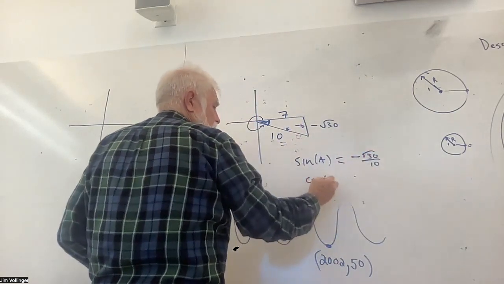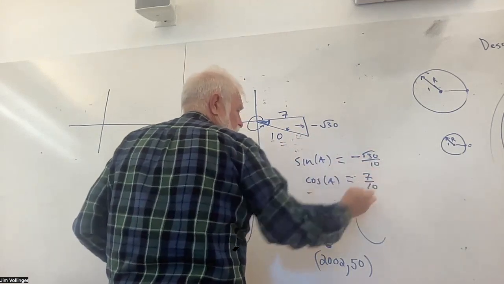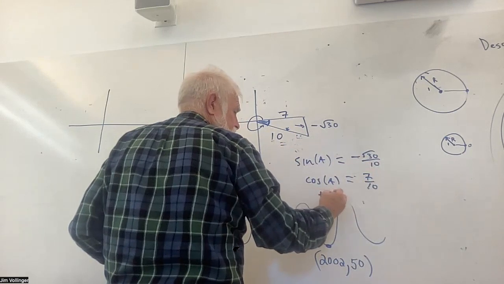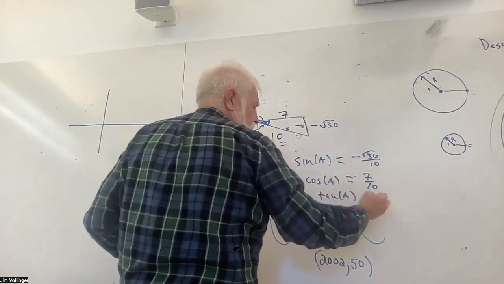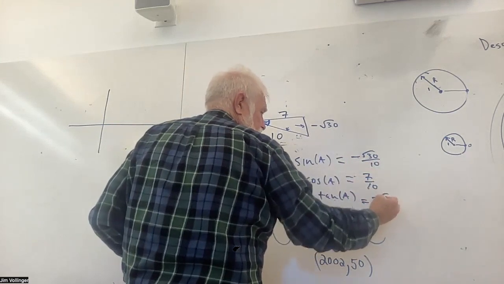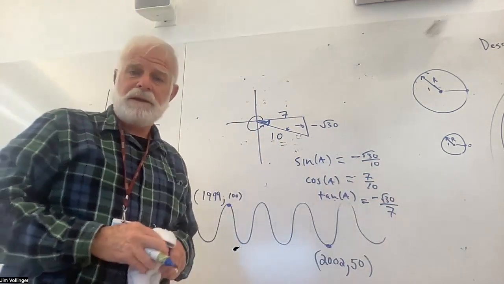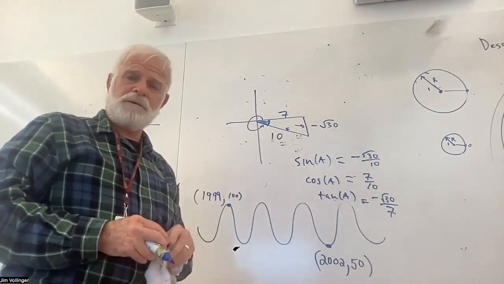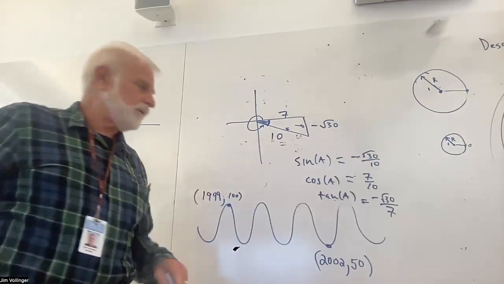What's the cosine of angle A? 7 over 10. What's the tangent of angle A? Minus root 30 over 7. Opposite over adjacent. So there's not much more to say about that than to get our practice in class on Monday. And on the worksheet, we'll do 3 or 4 of these in a row. Again, I don't think it's rocket science, so I think you'll be able to do it.